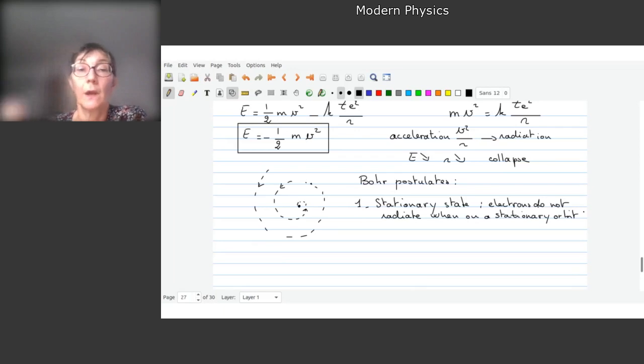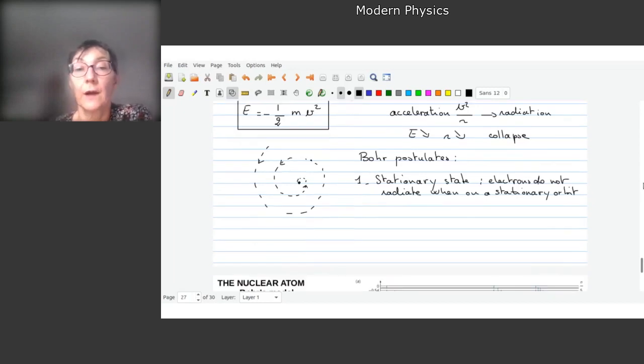So they are simply orbiting and they don't radiate, and so we don't have any of these problems. This is very, very convenient: we have a problem, so let's say we don't have it, and see what happens.